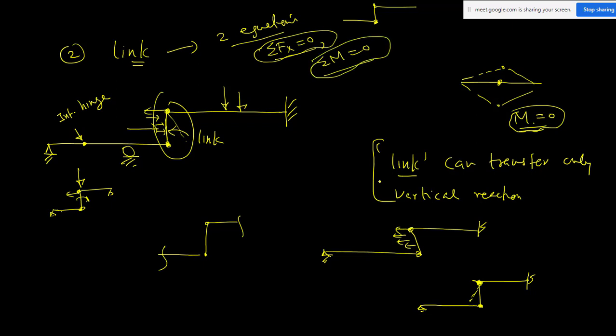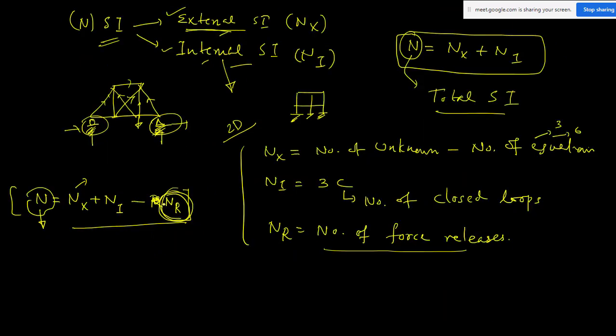So finally you have to remember the link will give you two extra equations, or two force releases: sigma fx is 0 and sigma m is equal to 0. You have to remember these two for the term number of force release.